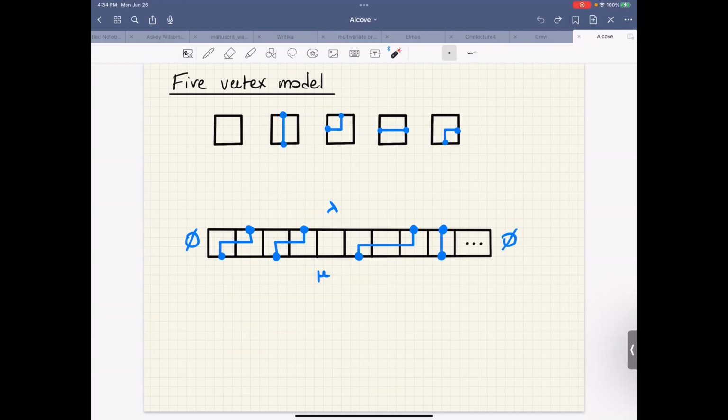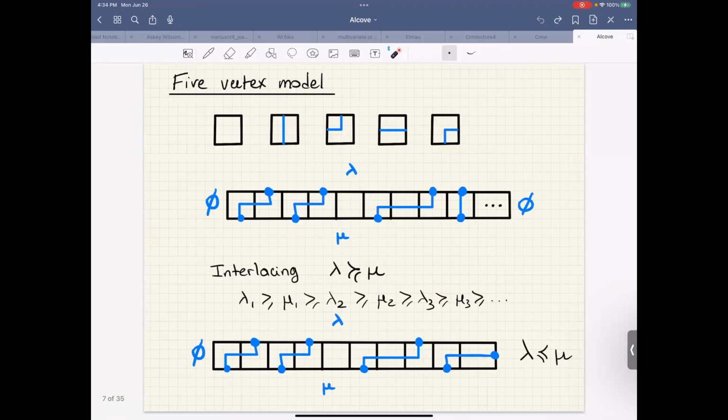It's easy to see that if you fix lambda and mu, there's at most one such vertex model in the row. So it's 1 or 0, and it's 1 if and only if the partitions are interlacing.